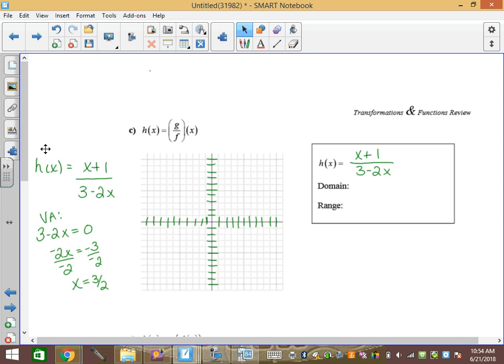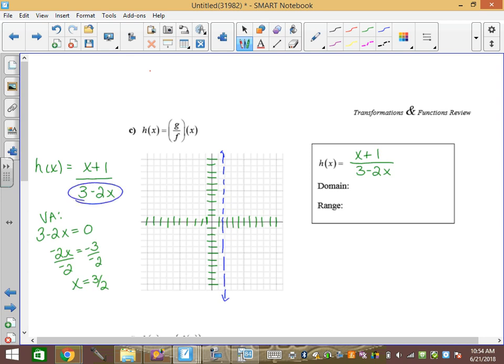So at 1.5, I have a vertical asymptote. And remember, wherever this function has x-intercepts, you're going to get a vertical asymptote. Remember, because that's where my denominator is going to be equal to 0. And then I have a horizontal asymptote at a fraction of the coefficients because it's the exact same degree. So y equals negative a half.